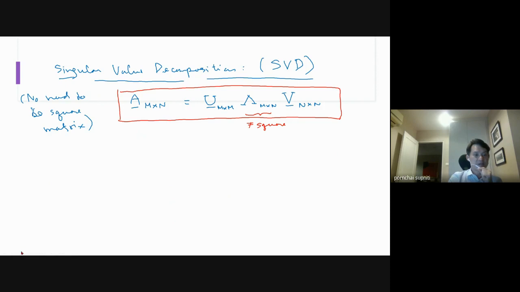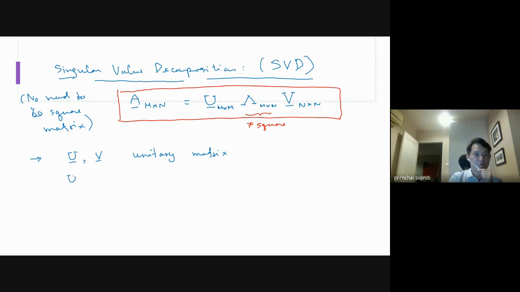And to decompose A in terms of this matrix U, lambda, and also V, okay, so U and V are unitary matrices.